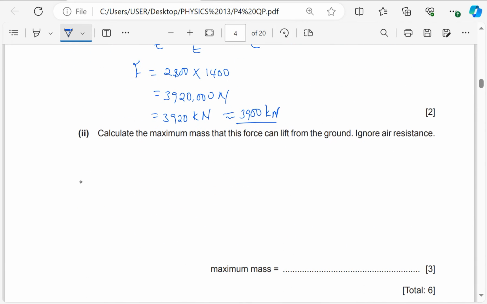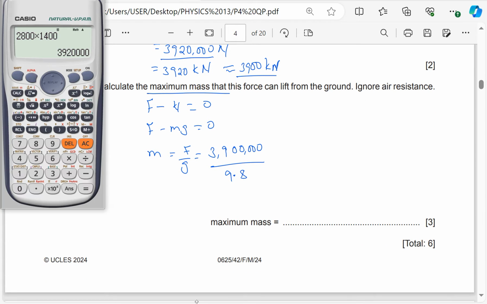So at that point, I would simply say F minus the weight downwards should be equal to 0 at maximum mass. So the force F minus mg should be equal to 0. So the mass m is going to be equal to this force divided by g. They said you should use g as 9.8.